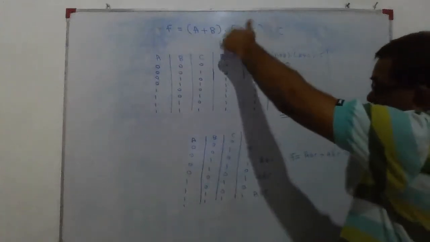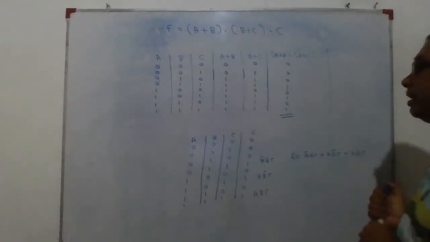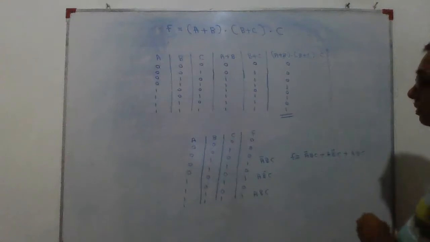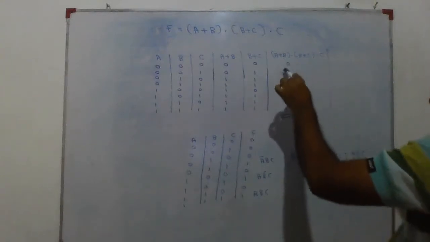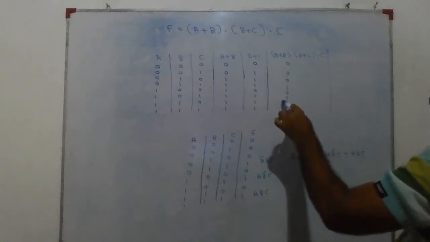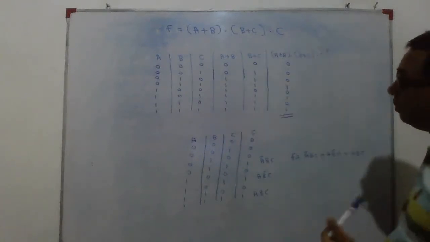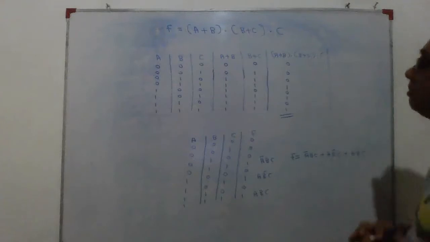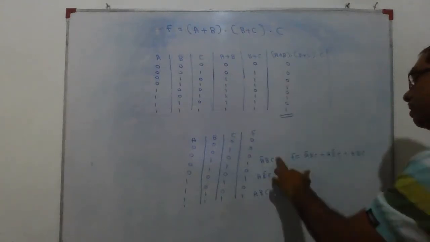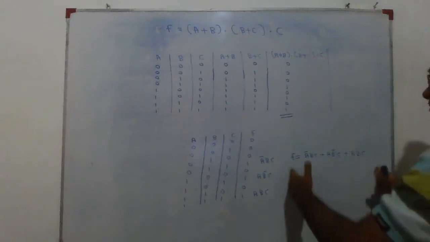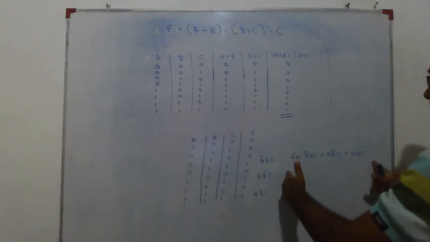This is a POS, but after taking the output, the truth table says this is the output. So it has 5 zeros. So max term is larger, but we have 3 ones, so min term is smaller. So it is better to take the min term statement here.